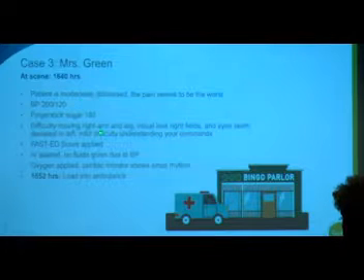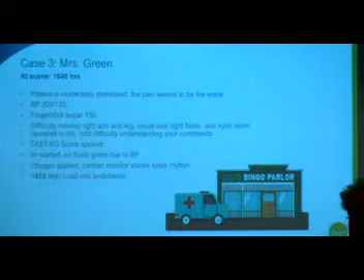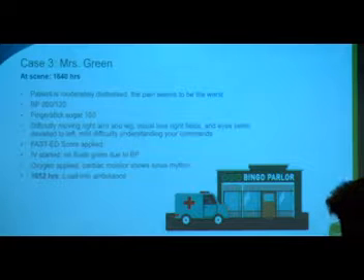Now we have difficulty moving right arm, leg, visual loss, eyes seem deviated to left, mild difficulty understanding commands. So what's the FAST-ED score on this?